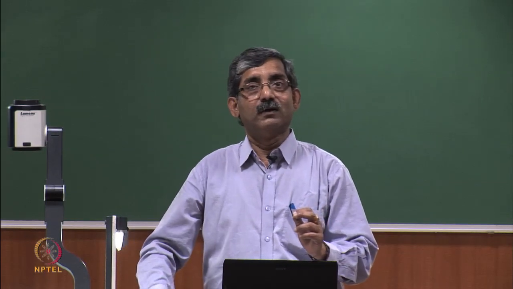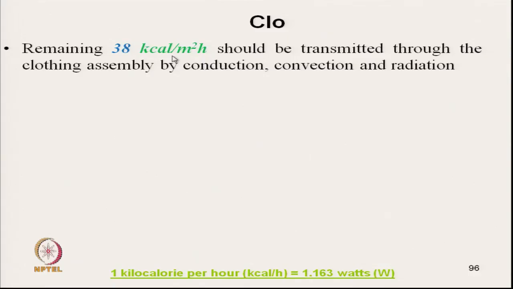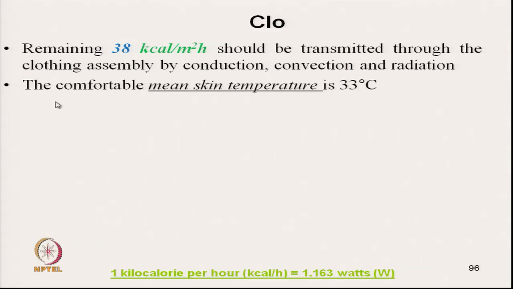Going further, the remaining 38 kilocalorie per square meter per hour should be transmitted through the clothing assembly by conduction, convection and radiation. These are all dry heat; we are not talking about moisture vapor. The comfortable mean skin temperature is 33 degrees Celsius, which is taken from the literature.